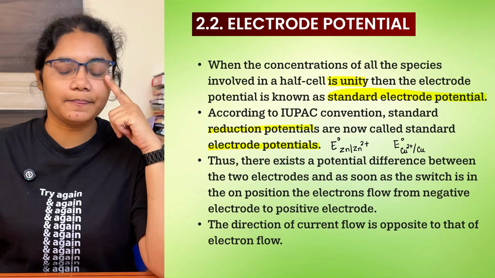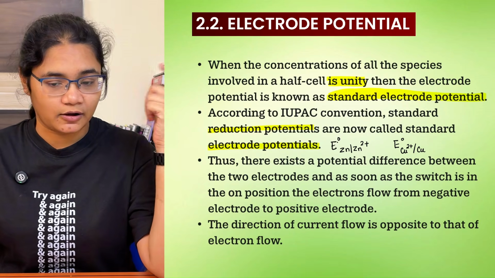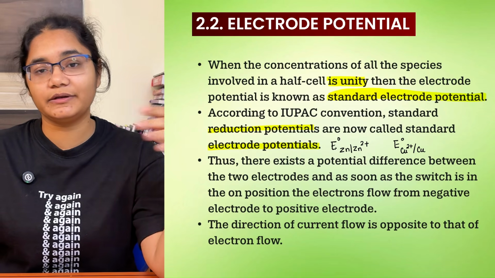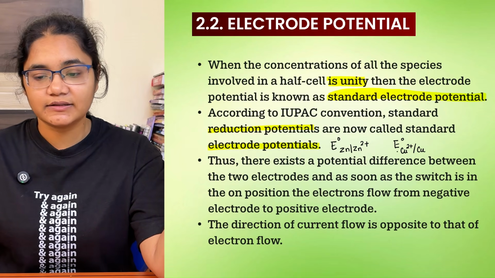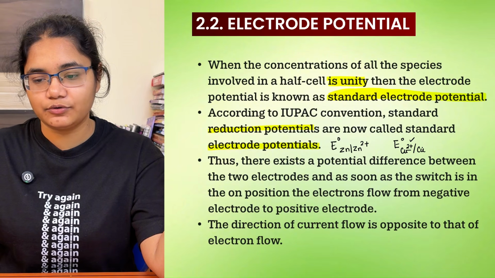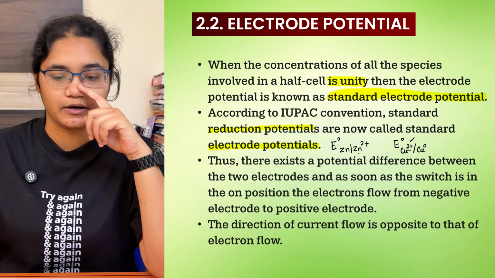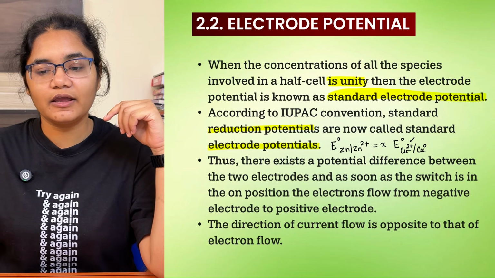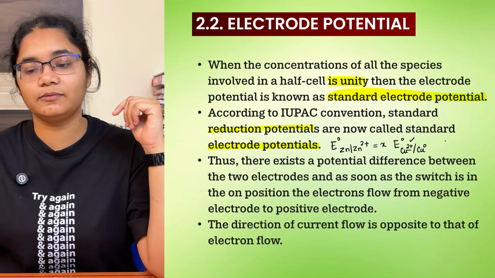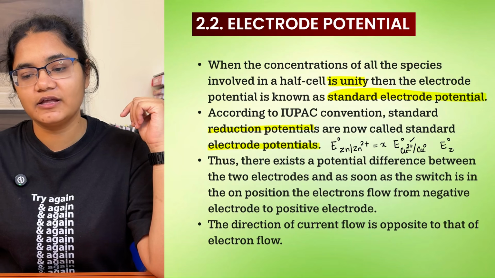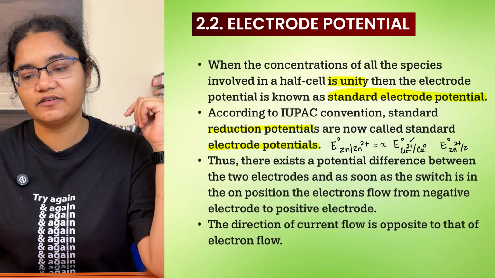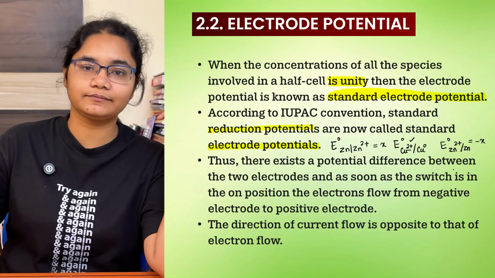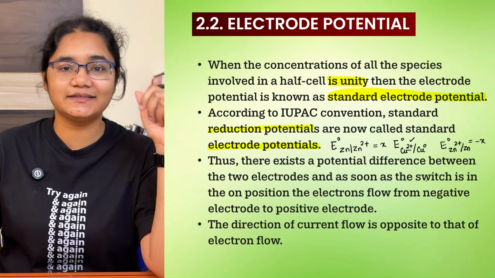IUPAC has said that all potentials should be written in terms of reduction potential. Cu2+ to Cu0 is already the reduction one, but the zinc one is an oxidation one. Suppose this value is X. If I want to write it in terms of reduction potential, I will write E naught of Zn2+ to Zn, and the value of this is minus X volt.